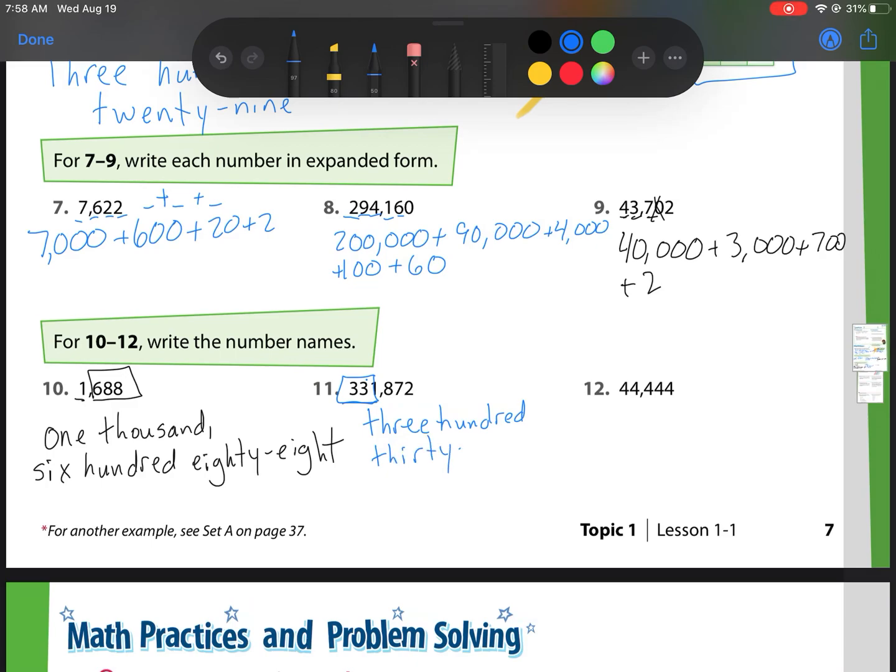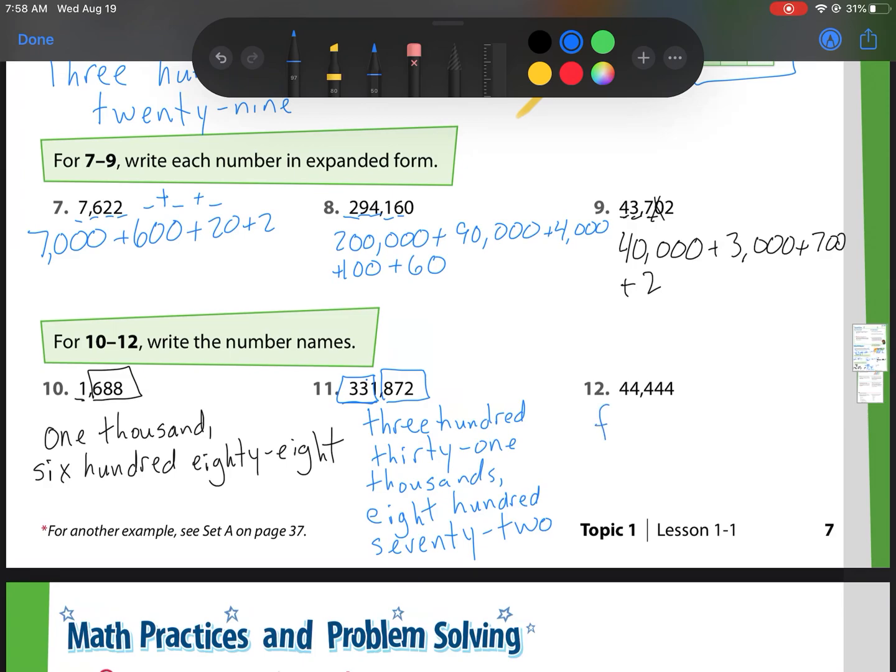31. And then what period is it in? That's in my thousands. And then I write this next grouping. So that's 872. All right, and our last one. You'll notice this one's all fours.